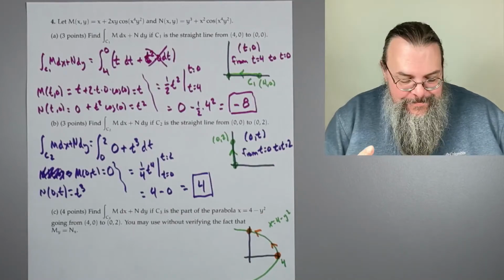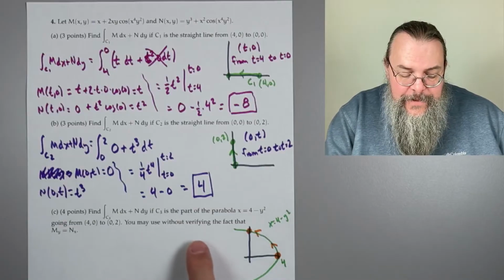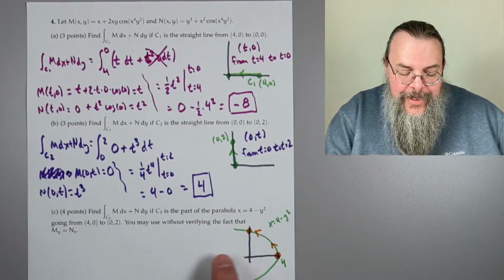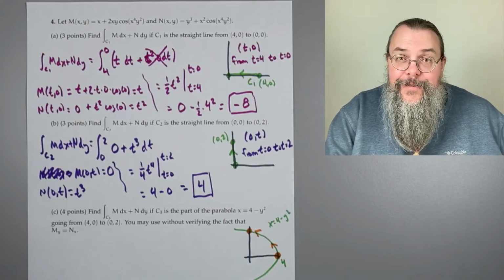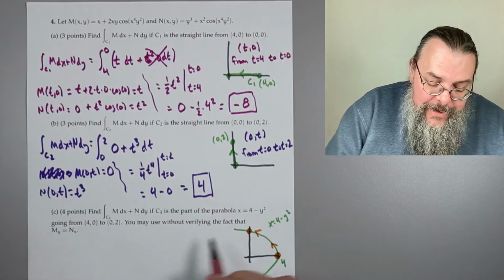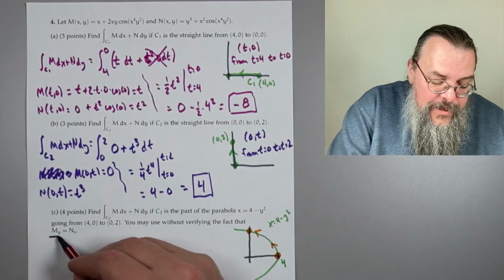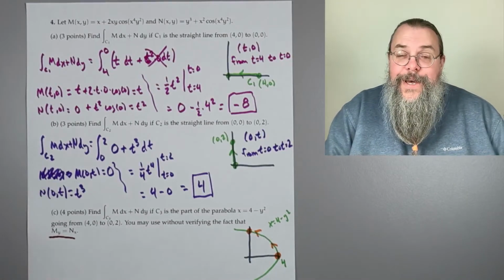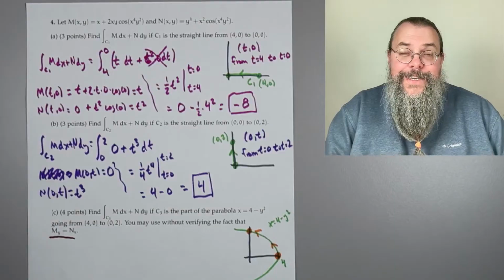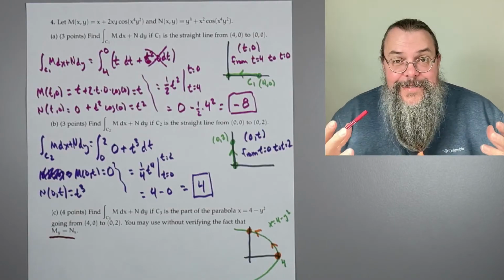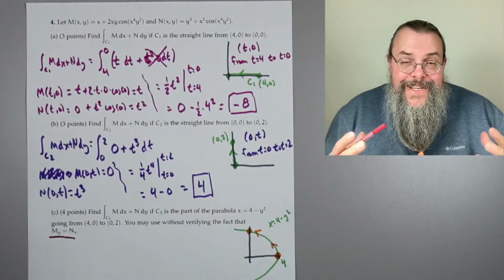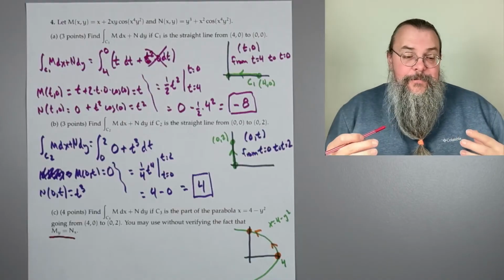So we keep reading. You may use without verifying the fact that m sub y equals n sub x. Okay, we don't have to verify, but we have this nice fact. m sub y equals n sub x. What does that tell us? Well, it tells us a couple of things.